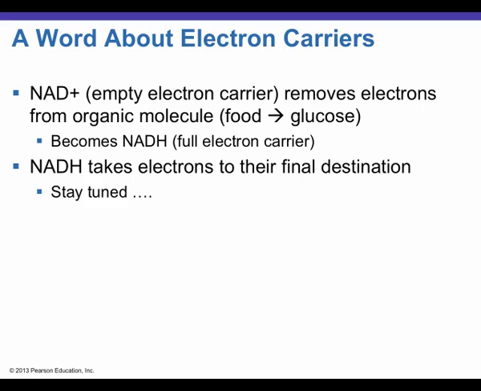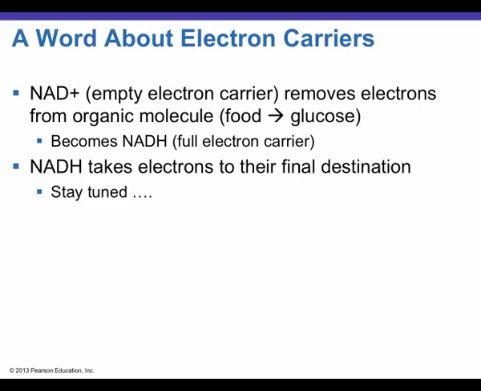So which one is oxidized? Which one is reduced? NAD plus is oxidized, NADH is reduced, right? Notice NAD plus oxidizes glucose, takes electrons, and itself then becomes reduced to NADH. I know, crazy stuff, right?